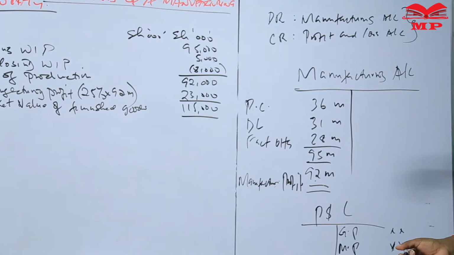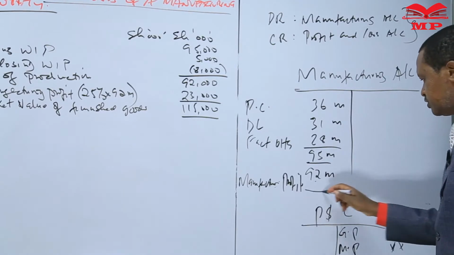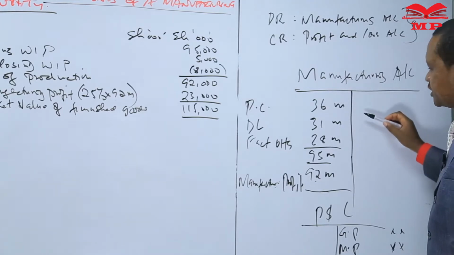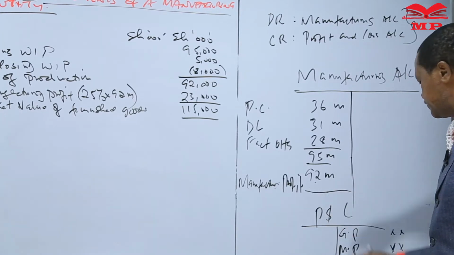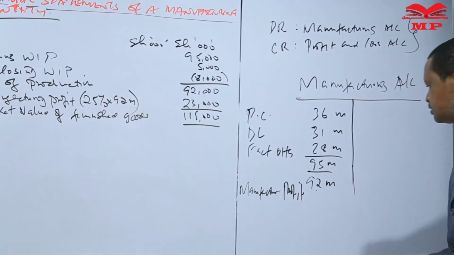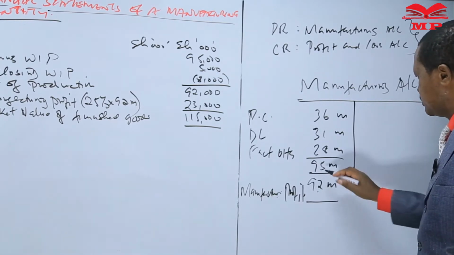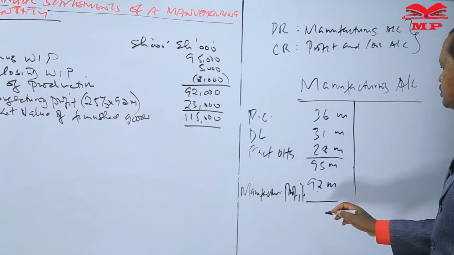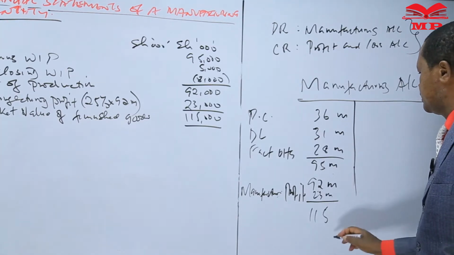Learners, just to expand your knowledge, on this manufacturing account you can see the balancing figure. This is the manufacturing profit. We added it to the cost to get a total of 115 million.